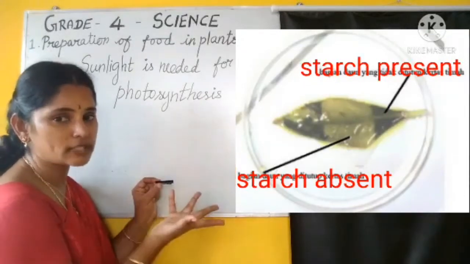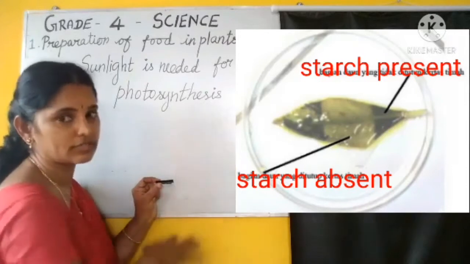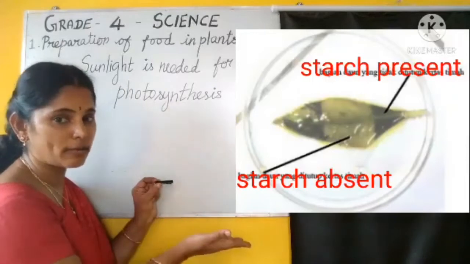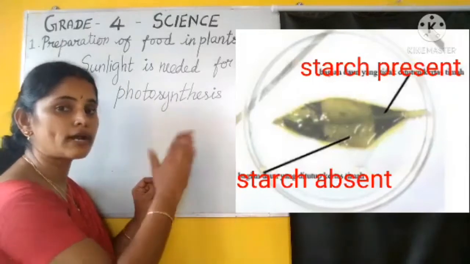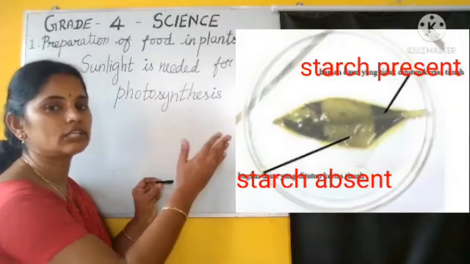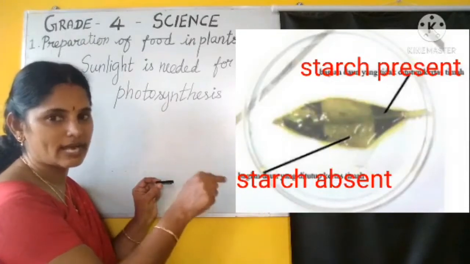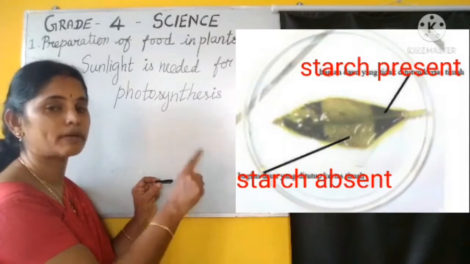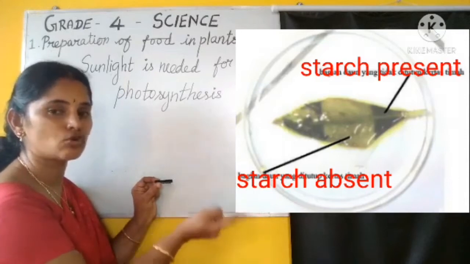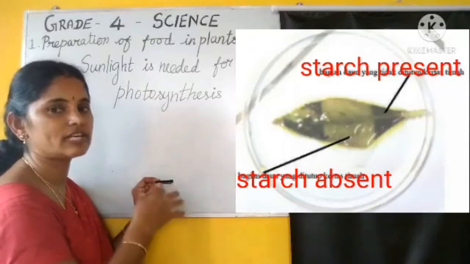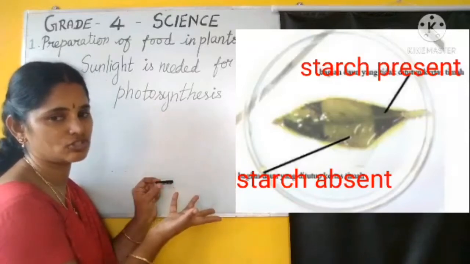So no starch is prepared in the center part of the leaf, whereas starch is prepared in the upper and lower part. The upper and lower parts show blue-black color when we add iodine solution, whereas the center part doesn't show any color change.